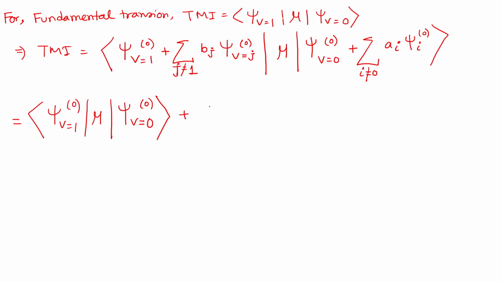Then what is next? Maybe we can name it 1. Then what is the next one? Let us see. We will take v equals 1. Then mu is there.